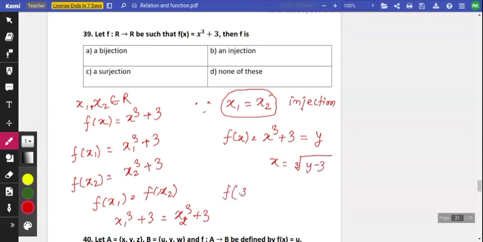Then f of the cube root of (y − 3) is equal to the cube root of (y − 3) cubed plus 3, which gives us y. So the given function is surjective also. The function which is injective and surjective also is known as a bijective function. So the correct answer is option A.